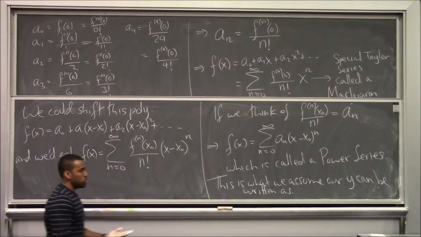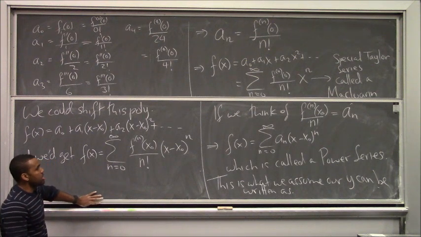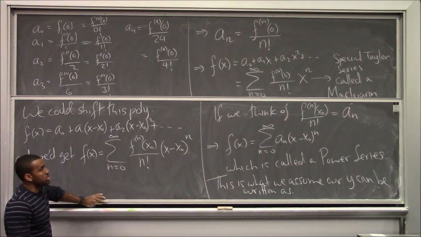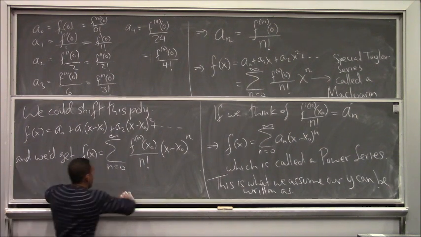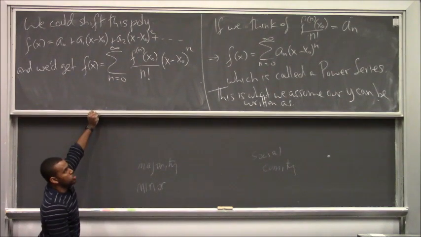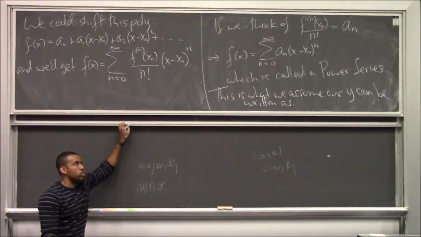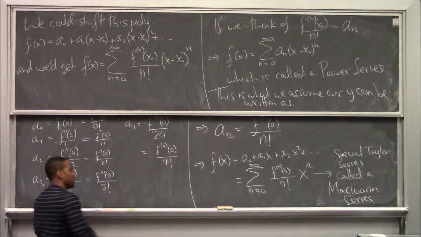Now, sometimes we know this guy will actually converge to the function, in the sense that they're indistinguishable. I can use the series to represent that function in every possible way. That happens when you use Taylor's inequality and the remainder approaches zero. It doesn't always happen, but whenever it does, it's really nice.